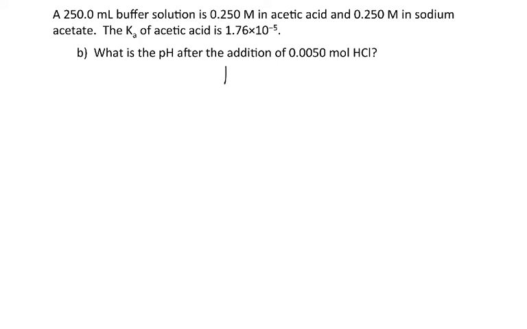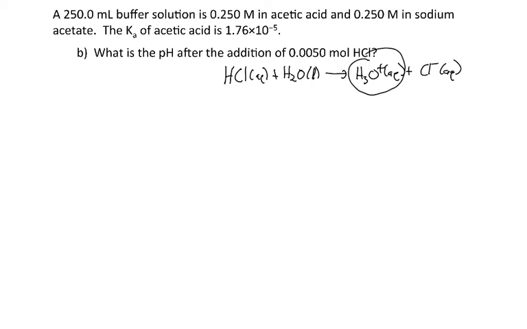So I don't really have HCl in solution, because it will completely dissociate into hydronium ions and chloride ions. And of course, I'm not really concerned about the chloride. What I'm interested in is the H3O+. And so however many moles of HCl I've added, what I'm really adding is that many moles of H3O+.